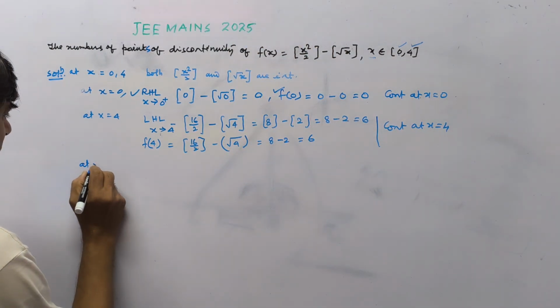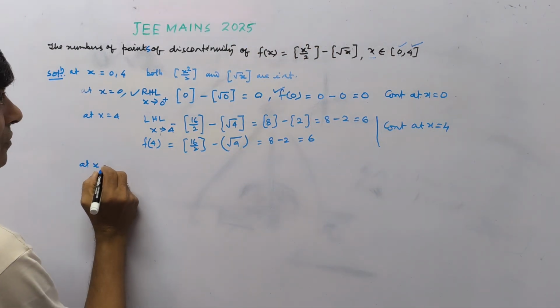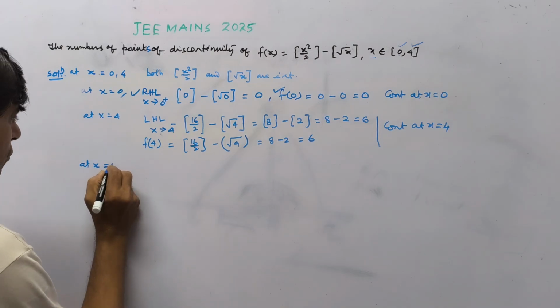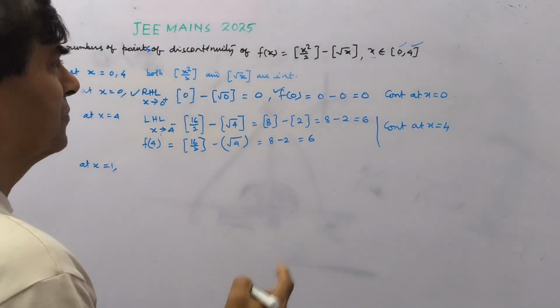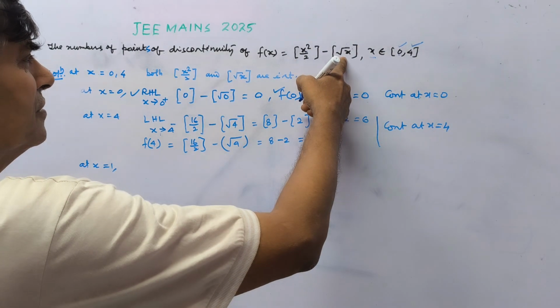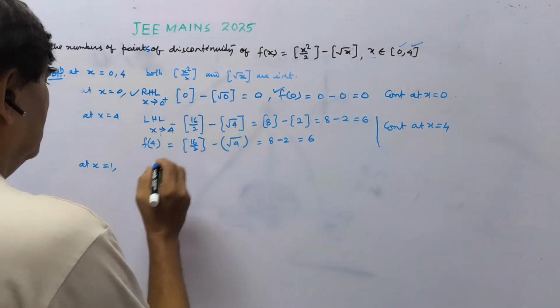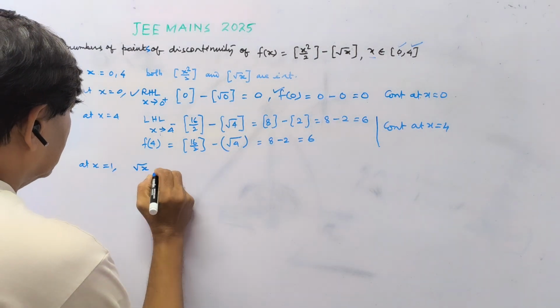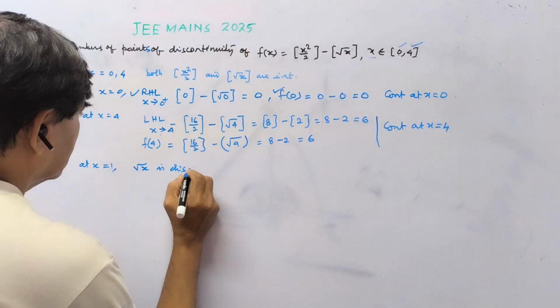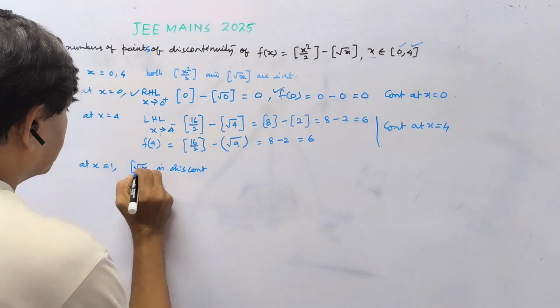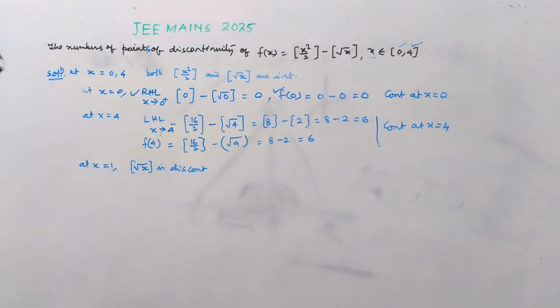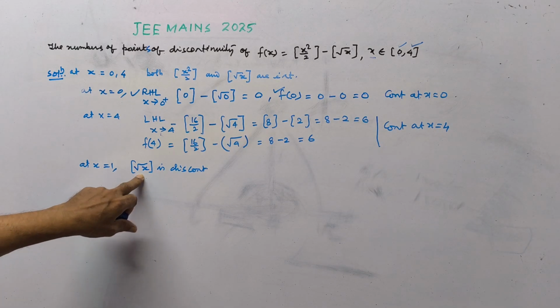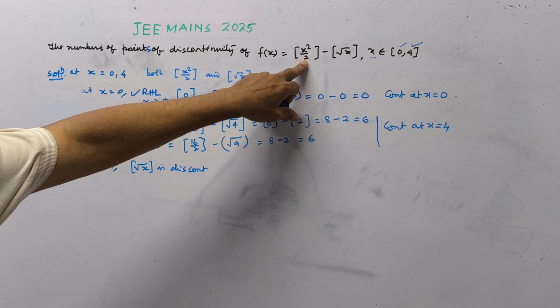So at x is equal to 1, what we check? This function is discontinuous. So root x is discontinuous, because it is an integral point. Or if it is 1 by 2 there, then it is continuous.